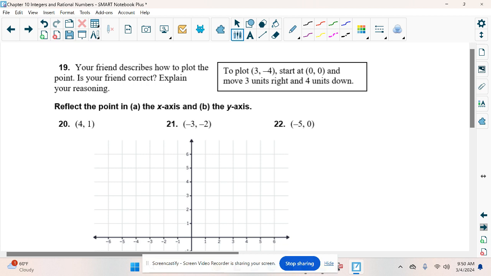To plot 3, -4, start at 0, 0, and move 3 units right and 4 units down. Are they correct? Why is he not correct? Because if you move this way on the x-axis, right is positive, and then it goes down, and that's negative.